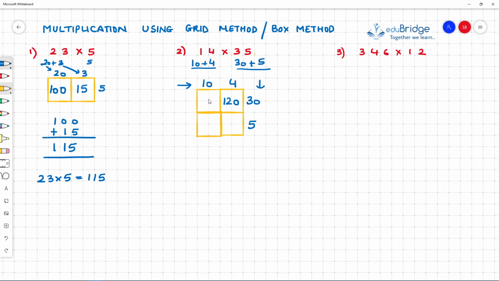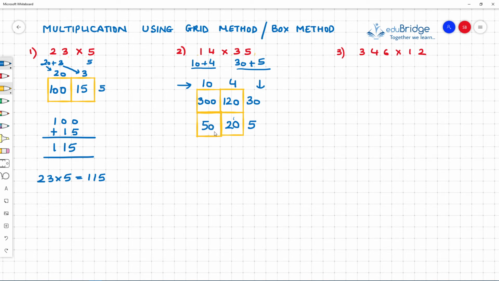For this box, 10 times 30 will be 300. For this box, we have 4 coming from the top and 5. So 4 times 5 is 20. And for this box, we have 10 and 5, which is 50.